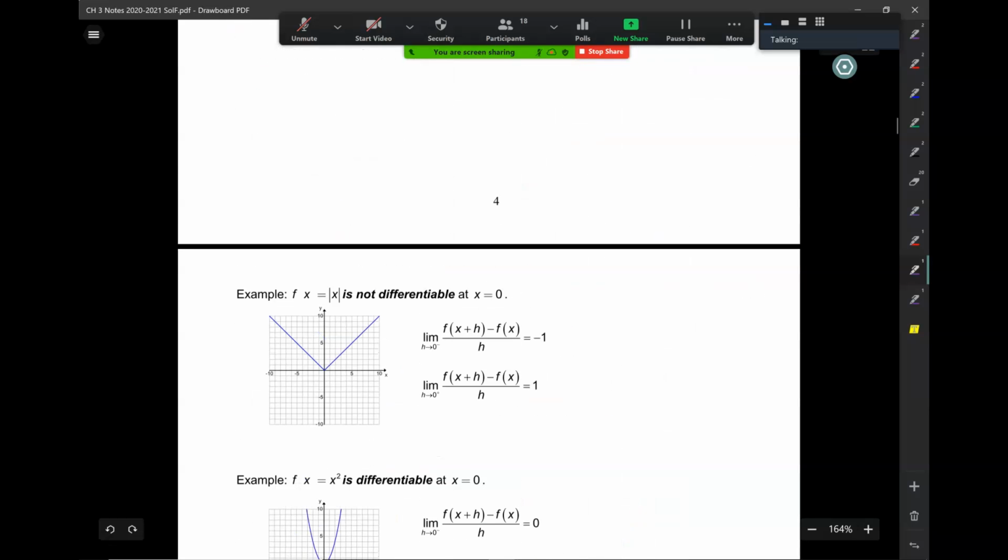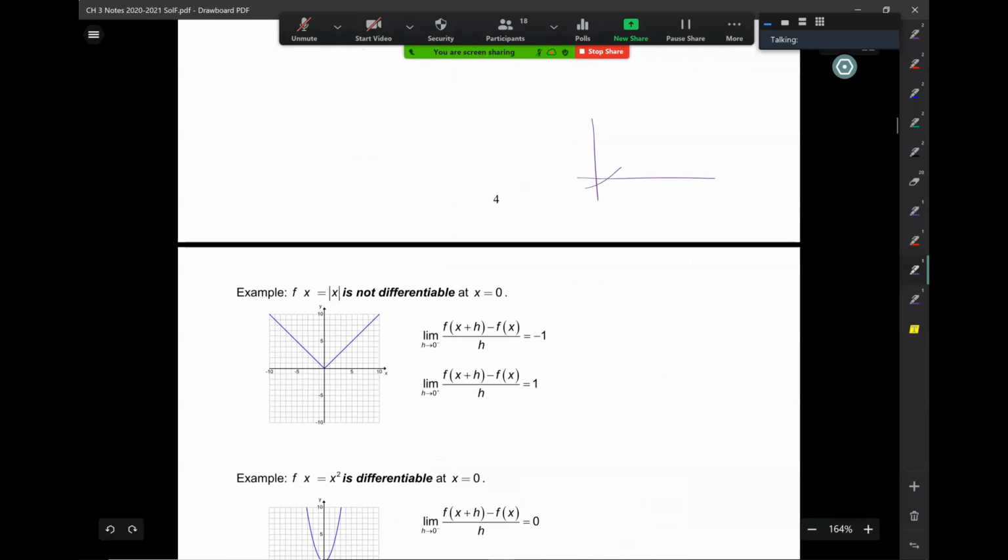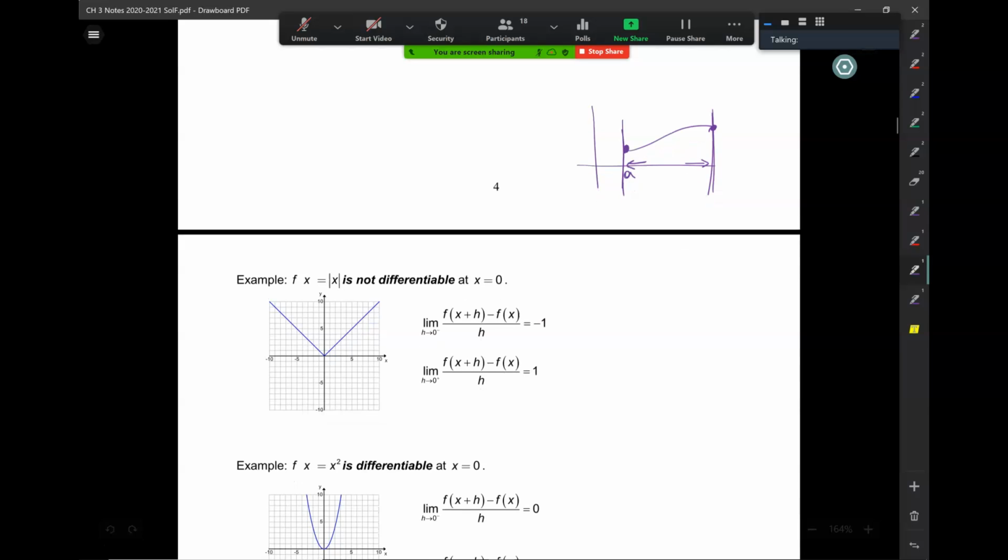So if I have a closed interval and I'm going from A to B, if my function doesn't exist to the left of A, then I can only find the derivative to one side, and that's okay. And here too, it is possible to just find the derivative on one side.